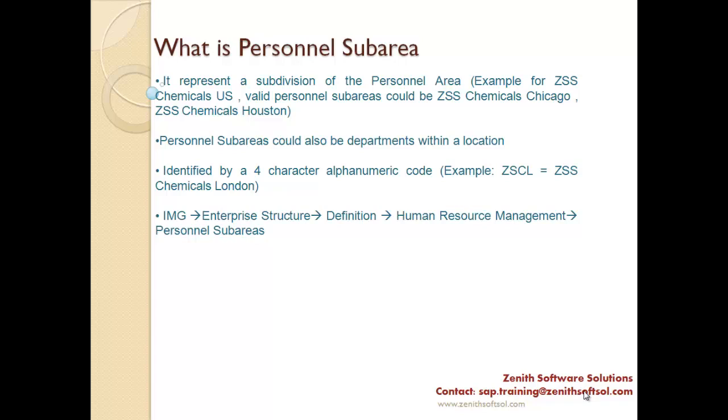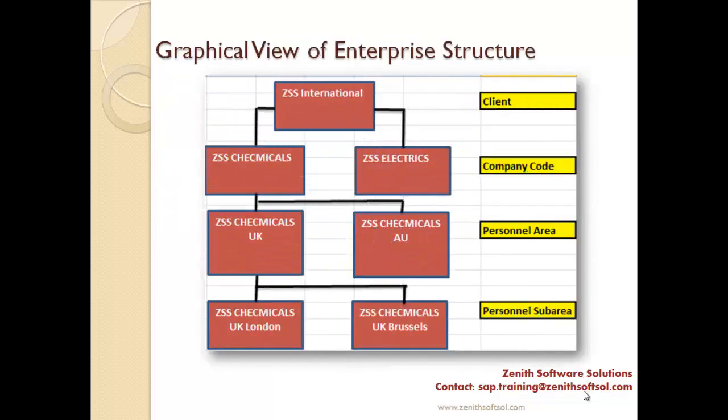If you see this diagram here, it will be more clear. For client, I have given ZSS International because that is a separate client. It could be any number like 800 or 100 where the client's own master records and set of tables will be stored. Now company code, ZSS Chemicals is one of the company codes, ZSS Electrics is another.